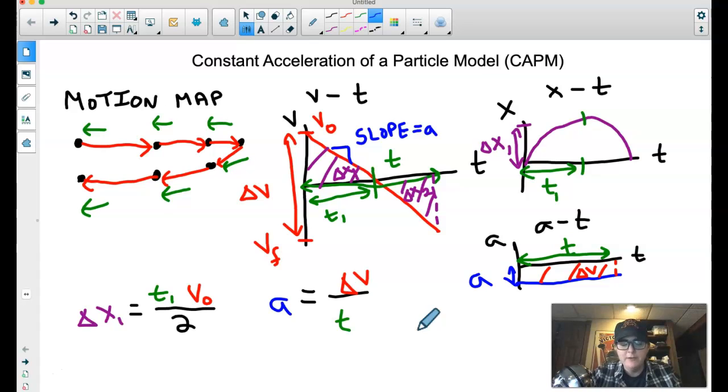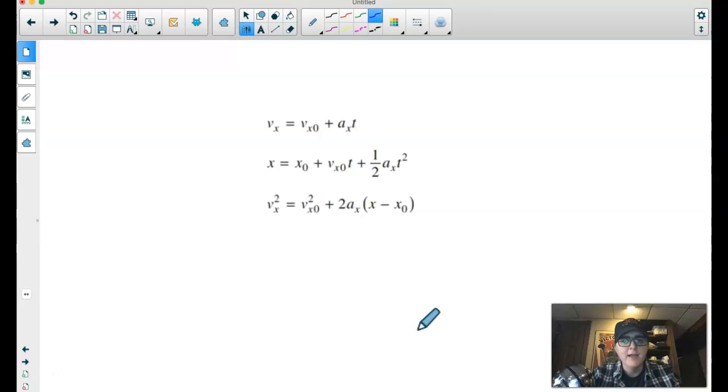But I do want to remind you that as an alternative, there are 3 equations at the top of your formula sheet. They look like this, where you get to the same place as you could with the equations from the graphs. Now these do use a lot of subscripts. So first up, whenever they have this x subscript, that's just used to indicate the direction.